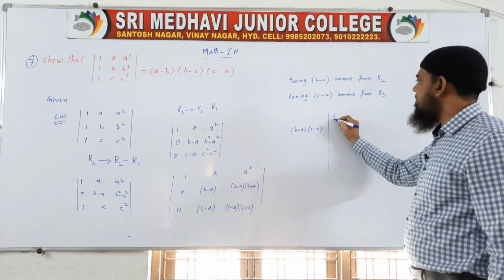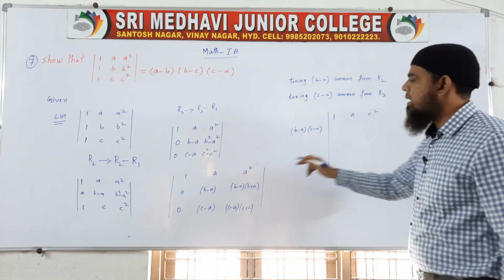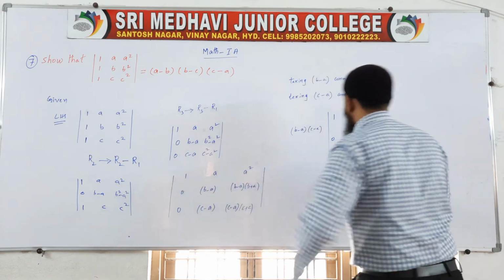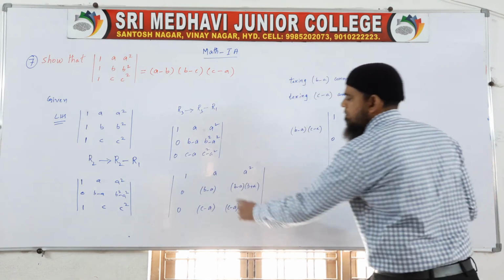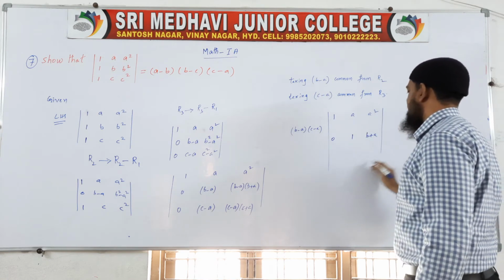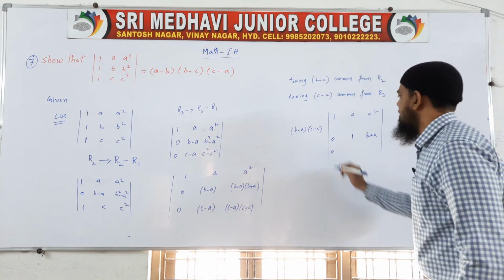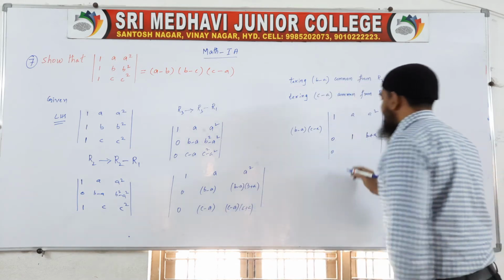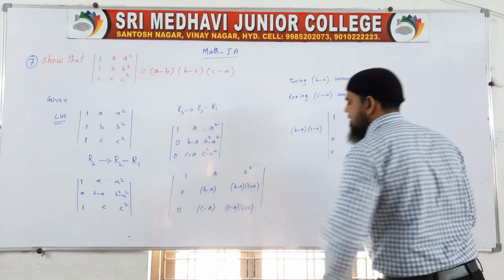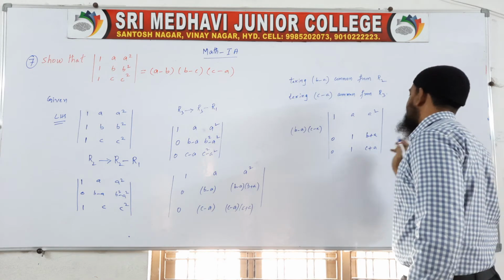Then write down the remaining numbers: 1, A square, 0 as it is. When you have taken common B minus A, in place of that we write 1, B minus A taken common, B plus A. The last one is 0. Here C minus A taken common from R3, so in that place we are writing 1. Here C minus A is outside, so we have C plus A.